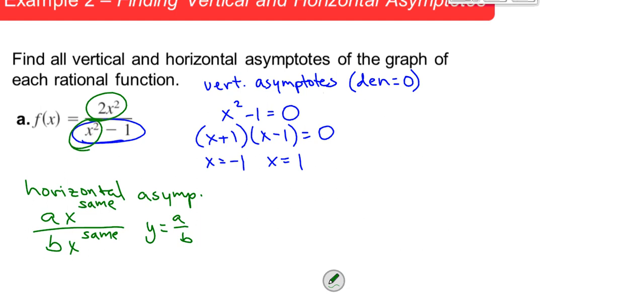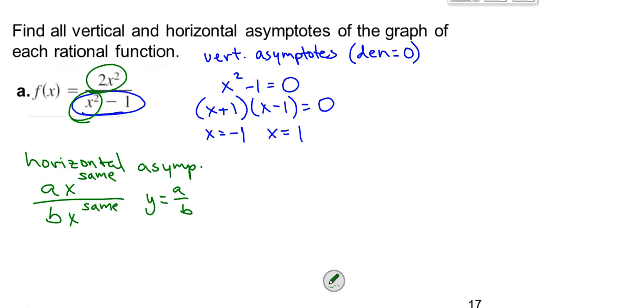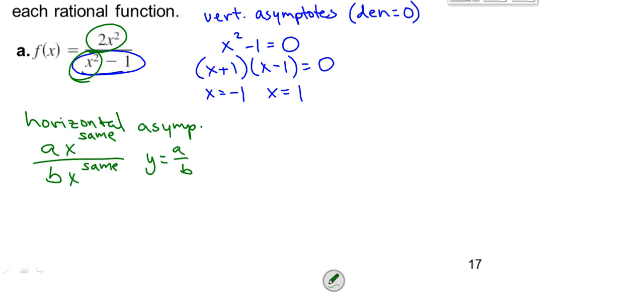So I'm comparing these leading coefficients. This is 2x squared over 1x squared. I don't really care about the rest of any polynomials that come after that when I'm looking for the horizontal asymptote. Since those powers are the same, it's going to be y equals 2 over 1, or 2.